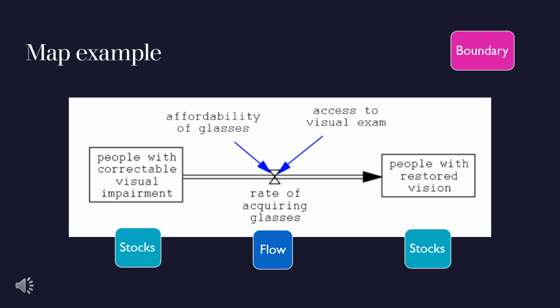One is affordability, so some financial considerations: whether individuals have health insurance or subsidized eyeglasses, and are they able to acquire them? Another factor is access to the visual exam. Are people able to get that screening? Are they able to see a specialist who can determine what type of lens they need?